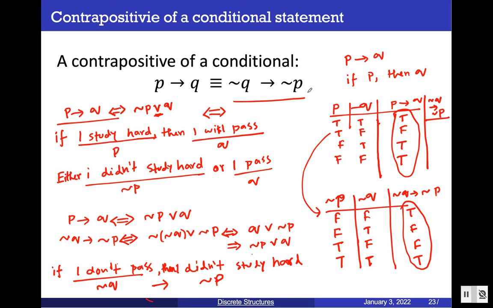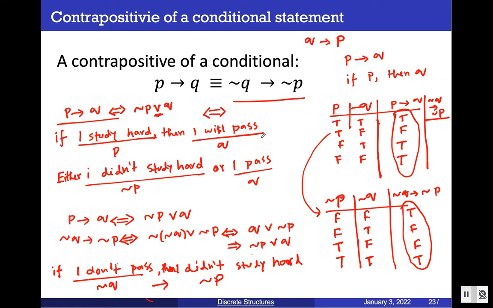All right, now just remember that P implies Q is not the same as Q implies P, but P implies Q is the same as not Q implies not P. Q implies P would mean that if I pass, that means I studied hard. It doesn't actually mean that.